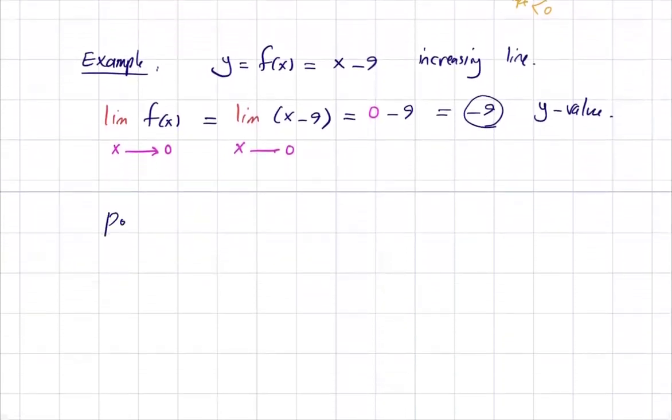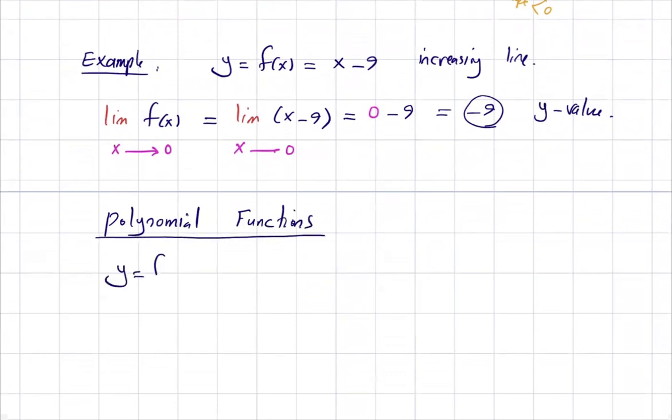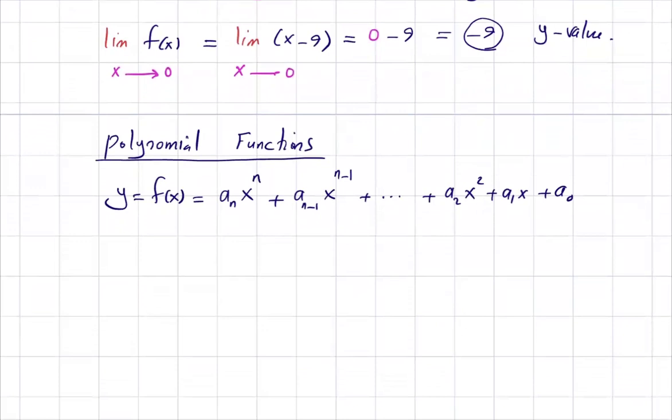So for polynomial functions, they behave like this. y equals f of x is equal to a sub n, x to power n, plus a sub n minus 1, x to power n minus 1, plus dot dot dot, a sub 2 x squared, plus a sub 1 x, plus a sub 0. To find the limit of polynomial functions in general, we just use direct substitution.